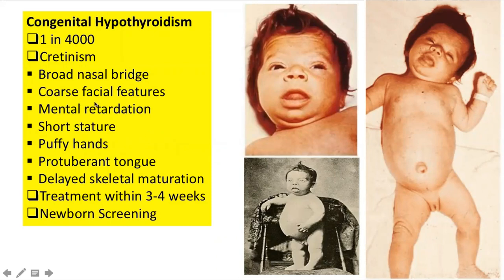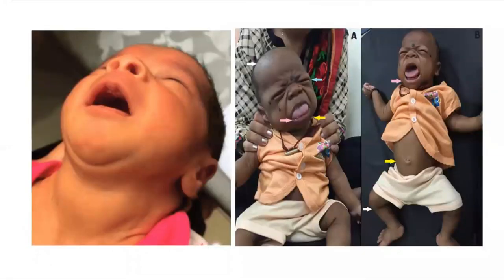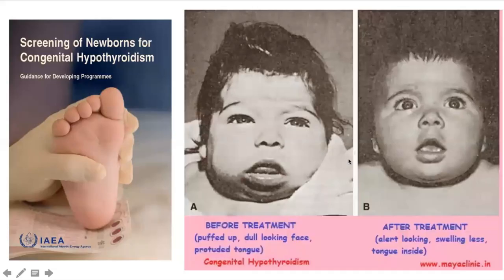Coarse facial features, this baby has a goiter, coarse facial features, protruding tongue, umbilical hernia. This is a baby before treatment and after treatment.